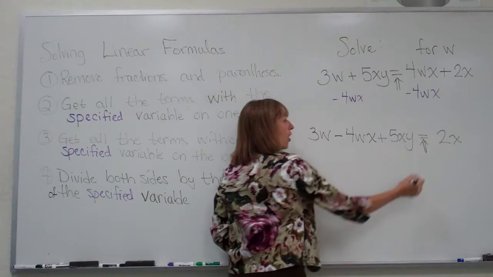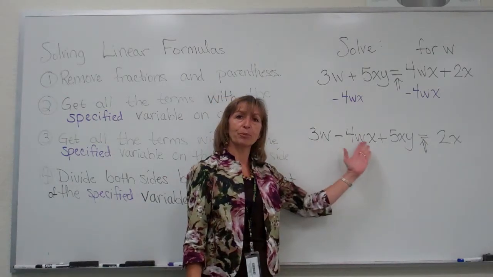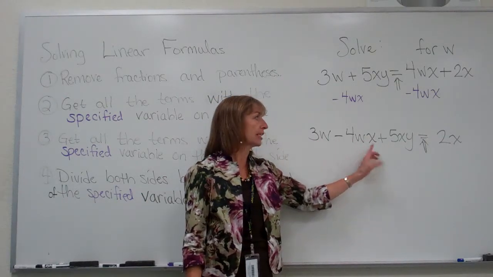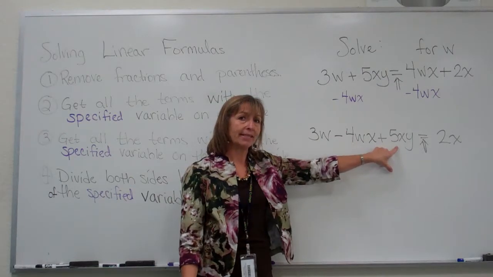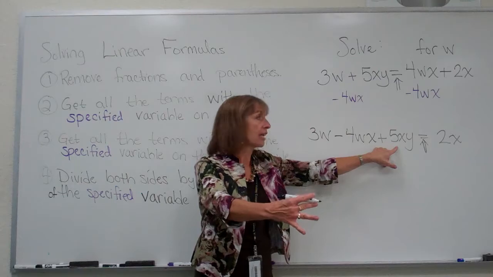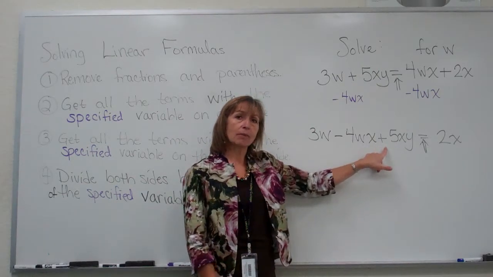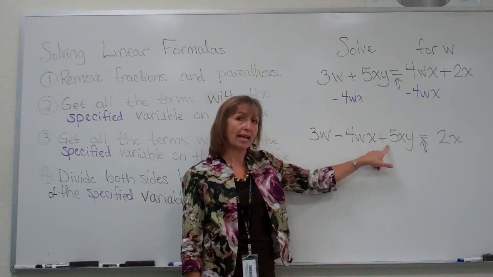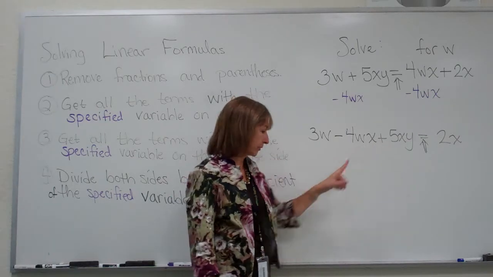So now I have all the terms with my specified variable on one side of the equation. Any term that's also on that side that doesn't have the w in it needs to be moved to the other side. So this next step we're going to do is to subtract 5xy from both sides.